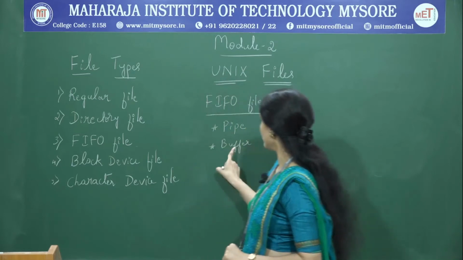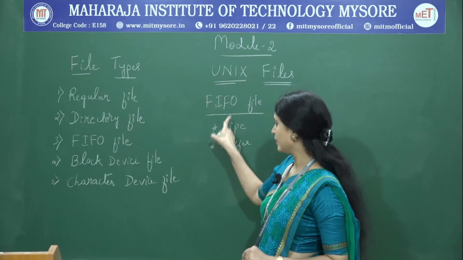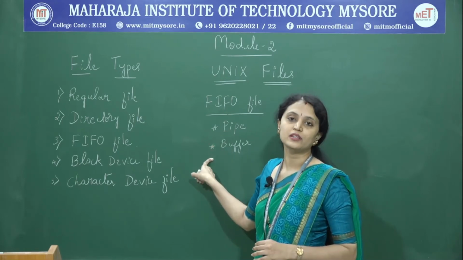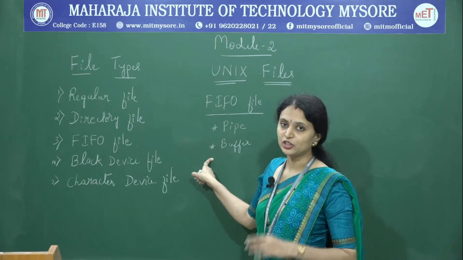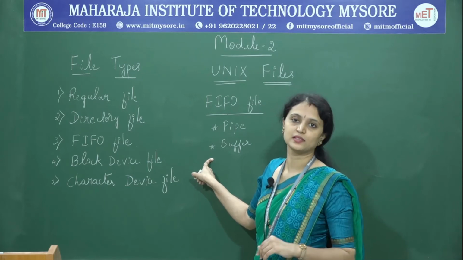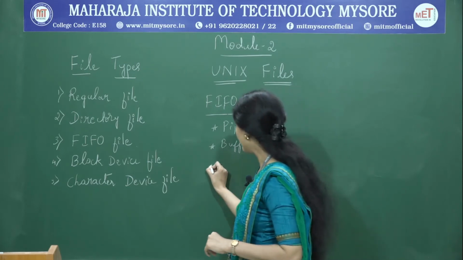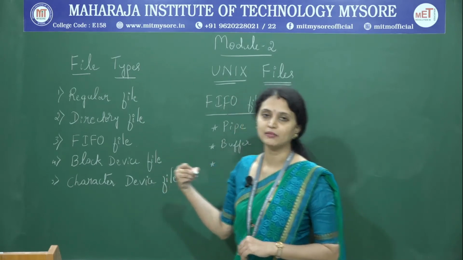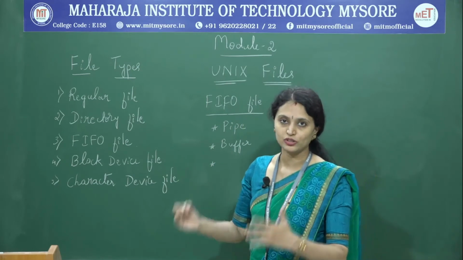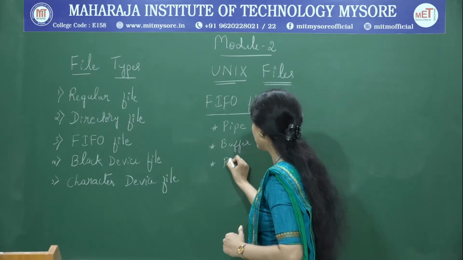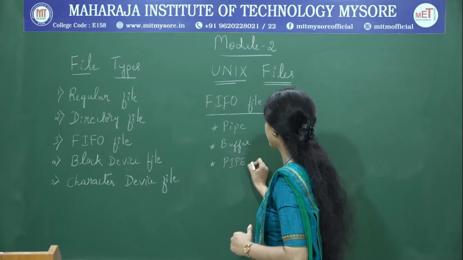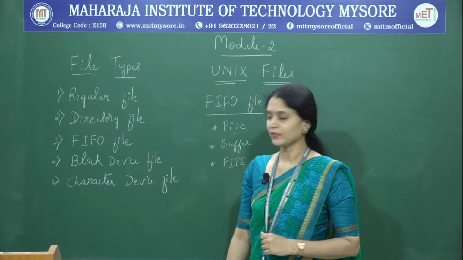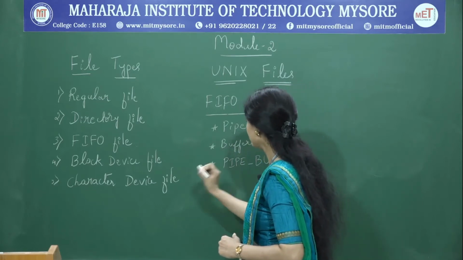So, this pipe file or FIFO file provides a temporary buffer which is used for communication between two or more processes. The size of this buffer is decided by the manifest constant, that is PIPE_BUF.